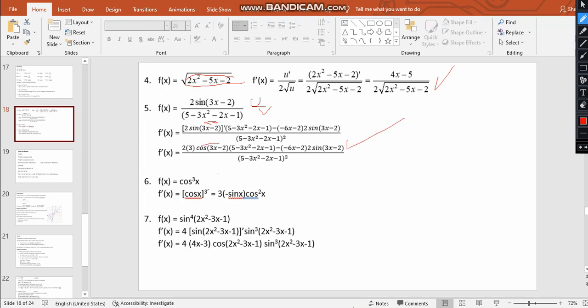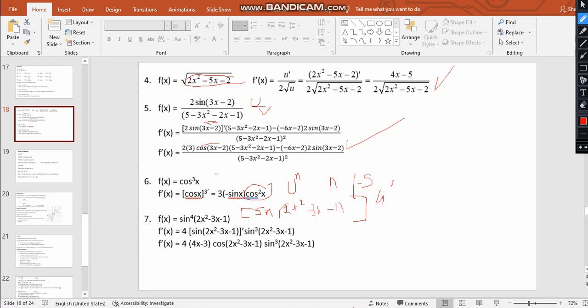This is of the form cosine x all power 3, prime. This is of the form u power n. So it's n, which is 3. U prime, the derivative of cosine x, is minus sine x, and you decrease the power by 1. Here it's the same. It's of the form u power n, and you have sine of 2x squared minus 3x minus 1, all power 4, prime.